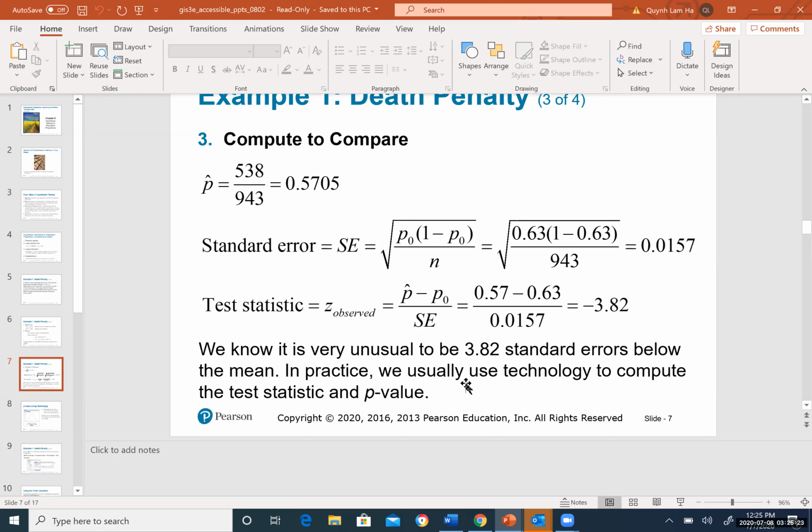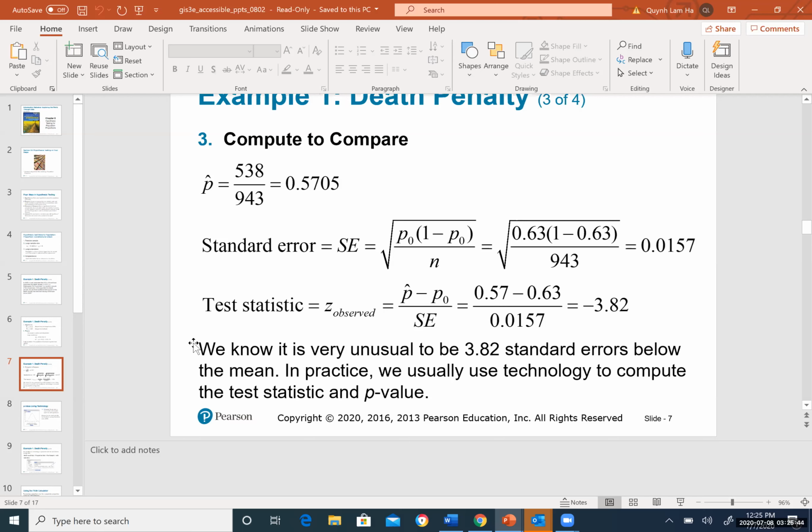So this is beyond, larger than we expect. If we are finding the left tail for this one, the probability will be unusual. In practice, we usually use technology to compute the test statistic and the p-value.